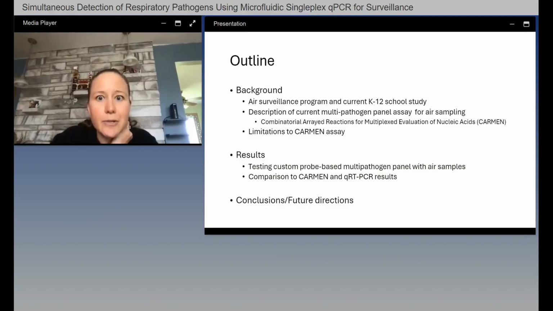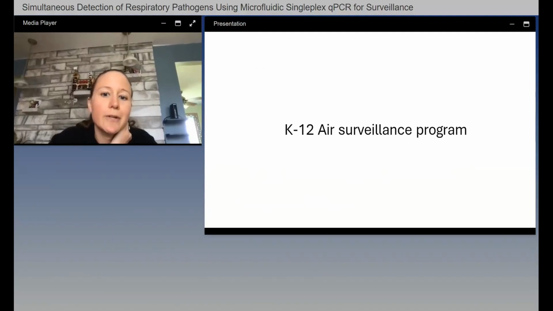And I will also describe some of the limitations we've found with using the Carmen assay on air samples, which leads me to the results where we tested the custom Standard BioTools probe-based multi-pathogen panel assay with air samples and compared that to the Carmen and quantitative reverse transcription PCR results. Finally, I'll give you some conclusions and future directions.